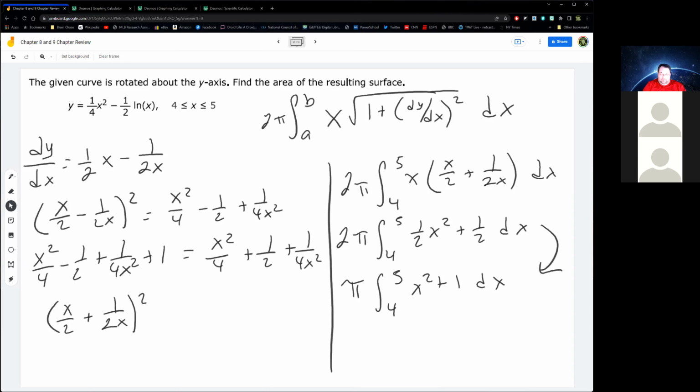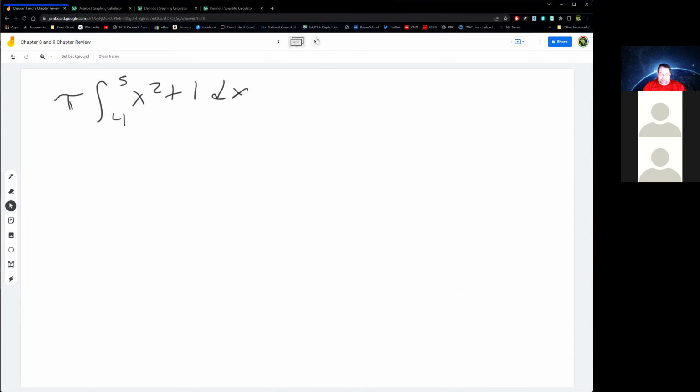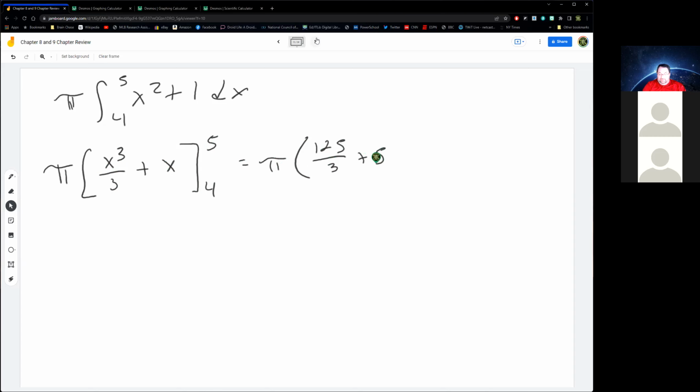We have 4 over 5. So the integral of that is x to the 3rd over 3 plus x, and we're evaluating from 4 to 5. So pi times 125 over 3 plus 5 minus 64 over 3 plus 4, minus 4.